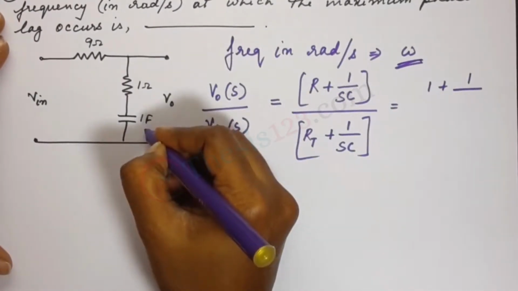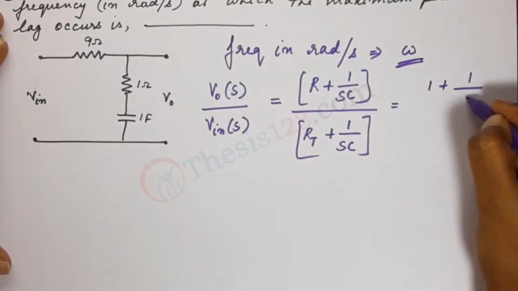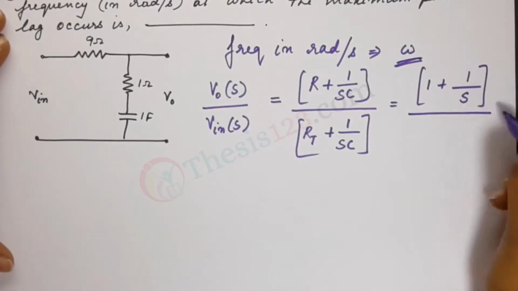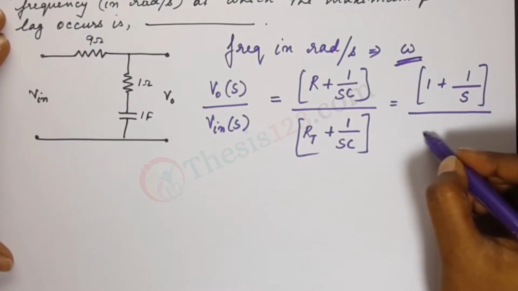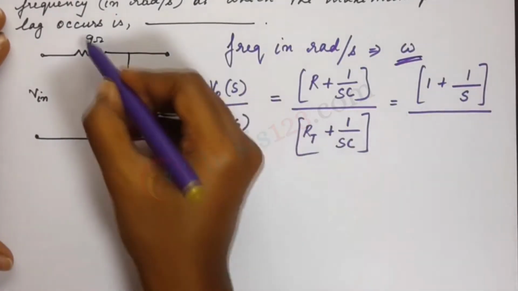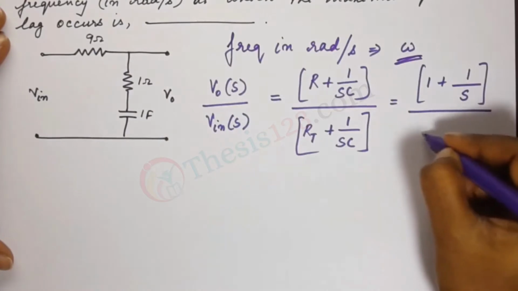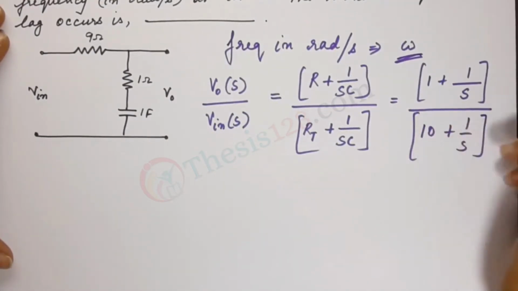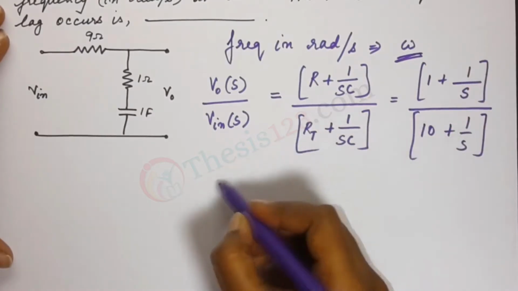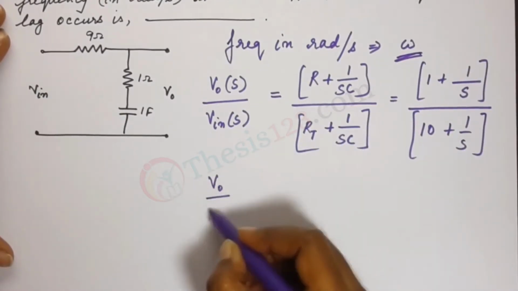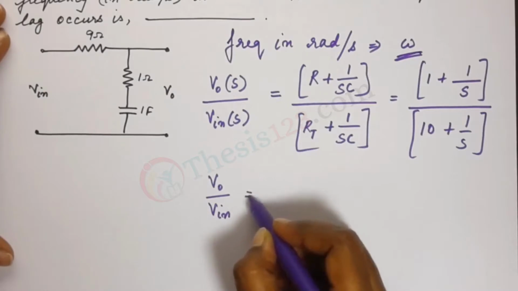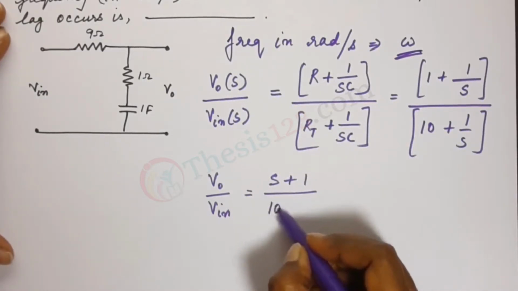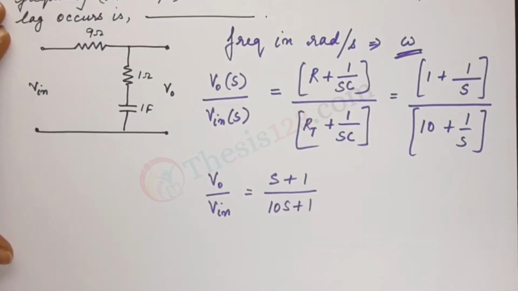C, we have the value of the capacitance as 1 farad. So here we have 1 plus 1 by S divided by, in the denominator, RT is the total resistance, so that's 9 plus 1, so that's 10, 10 plus 1 by S. Now if we simplify this further, we will have the ratio of V naught by V in terms of S, of course, S plus 1 divided by 10S plus 1.